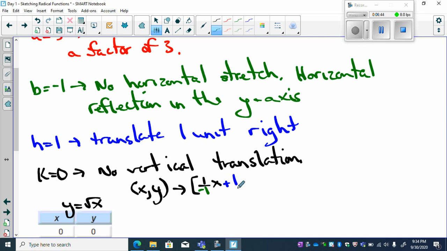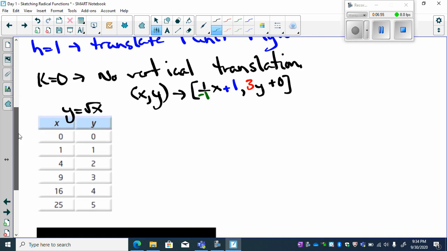And then it's a times y, so 3y, plus k, plus 0. That really just means the following. (x, y) would be (-x + 1, 3y).